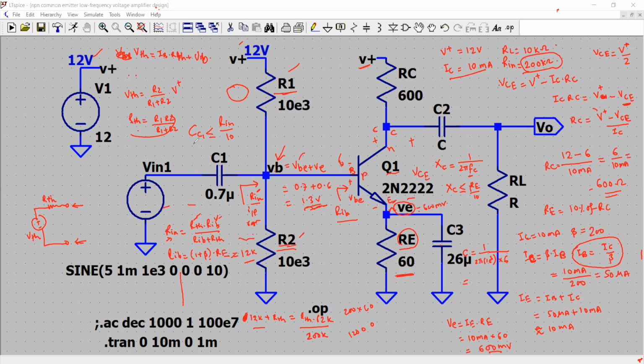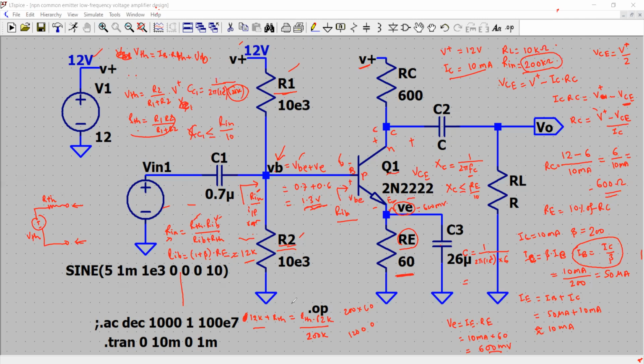So XC1 should be about 20,000. Therefore CC1 would be 1 over 2 pi times 1K multiplied by 20K.